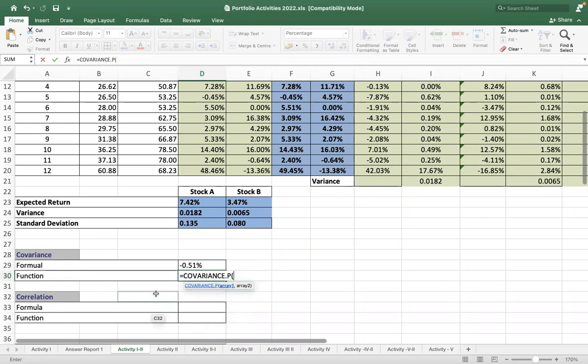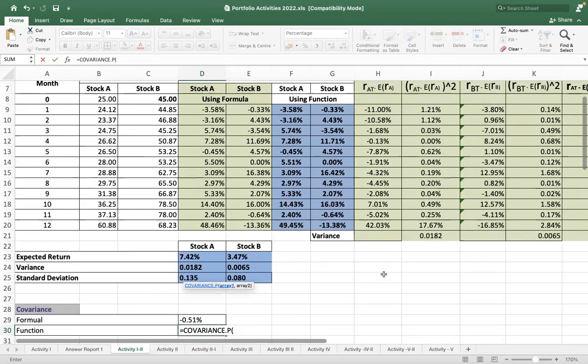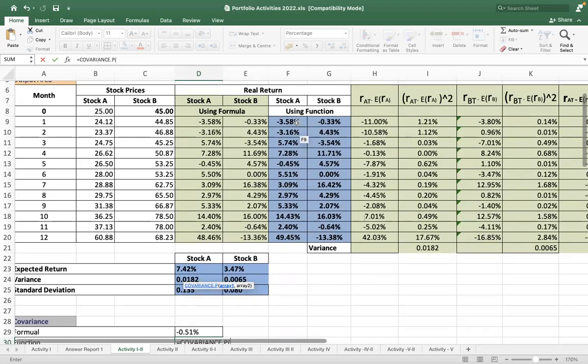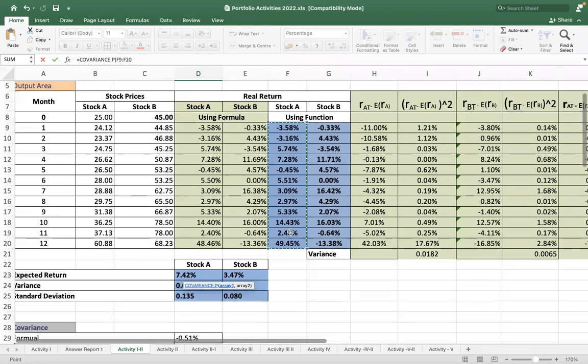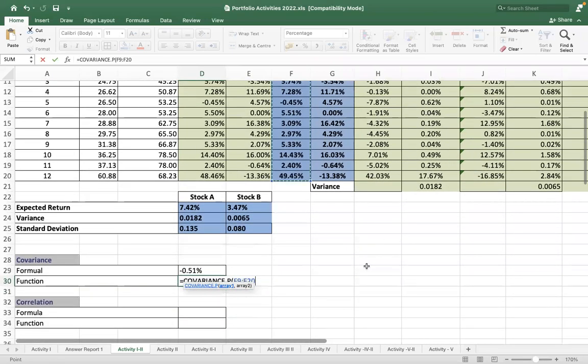I'm using this, and if you are using COVAR, that is also applicable. Covariance of, you need to select this, return of stock A, right? Don't use any of these calculated values, right? These are manual calculations.